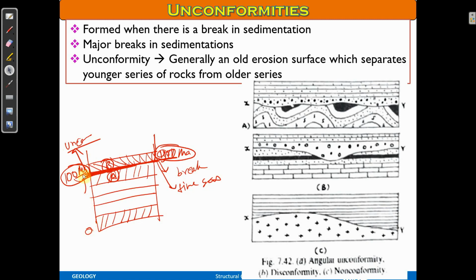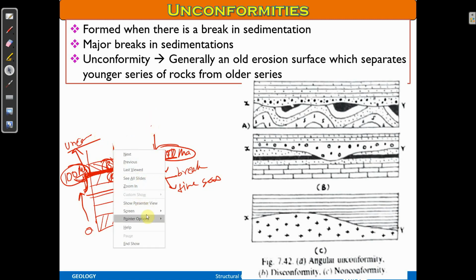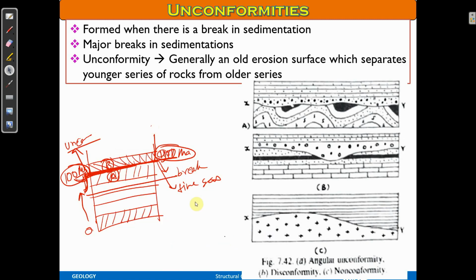Now another case could happen. The depositions are happening following that criteria, and at some point the sediment accumulation stops, let's say, and the top portion of this sedimentary sequence got eroded, this one, okay?